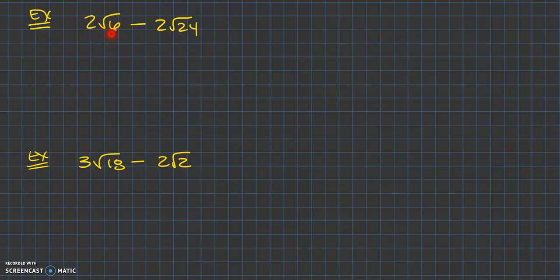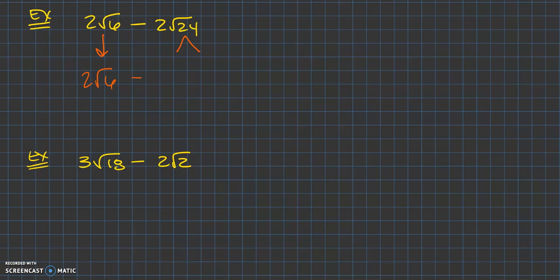And so being that none of them are perfect squares, I'm going to leave this one alone. And so sometimes you'll see me do it this way. I'm going to just drop it straight down. 2√6, that tells me that there's nothing else that I can do there. But 24 is different. 24 has at least one perfect square in it.